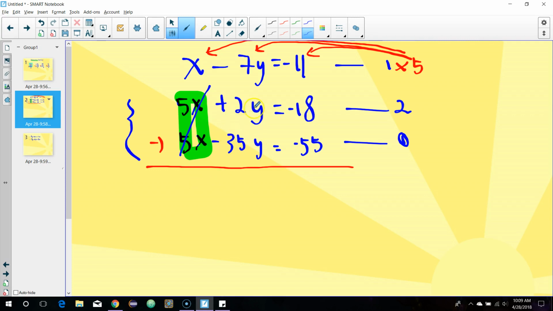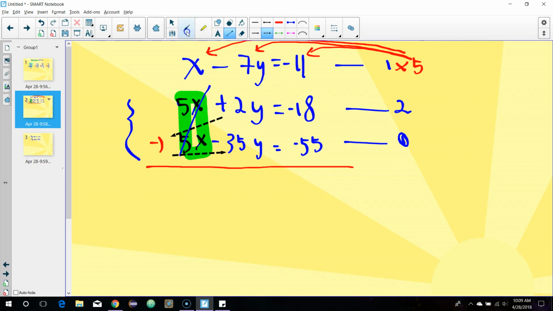And then we have 2y minus negative 35y. As I said before, this can be tricky. Some people just do 2 minus 35. Pay attention to the process. I start with the 2 first, and then I look at my operation, and then I go back and check what that number is.